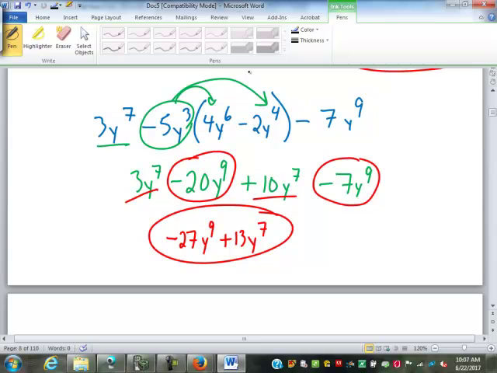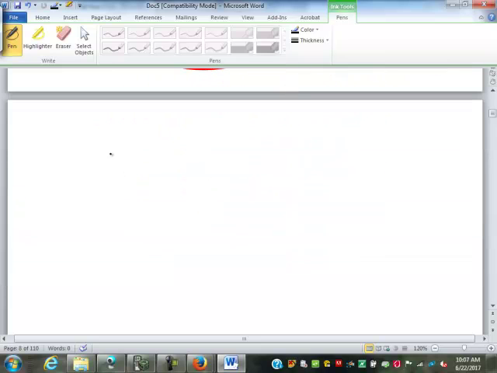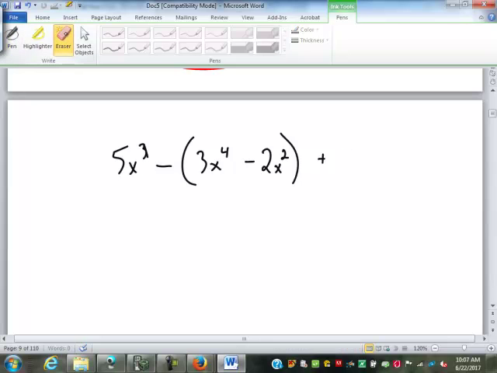One that we haven't encountered yet is one that looks like this. So this should have been y to the fourth up front here. Let me change that. So 5x to the fourth minus, in parentheses, 3x to the fourth minus 2x squared plus 4x squared.